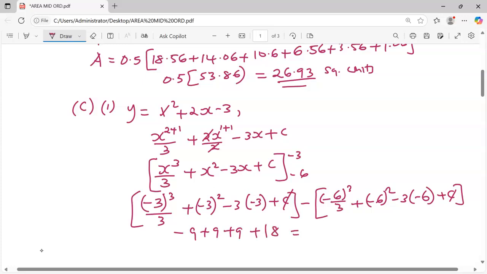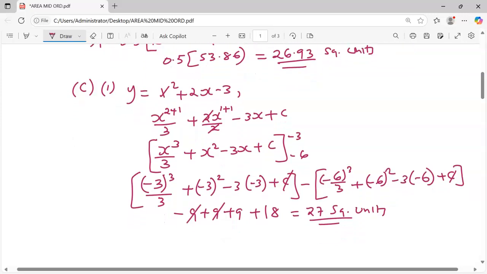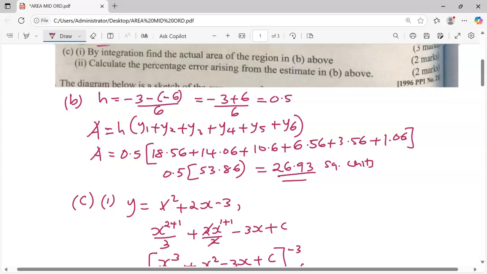The first part gives -9 plus 9 plus 9, and 9 plus 18 will give us 27 square units. You can use the calculator to insert all those values, both for the maximum and minimum value of x, for you to get 27.